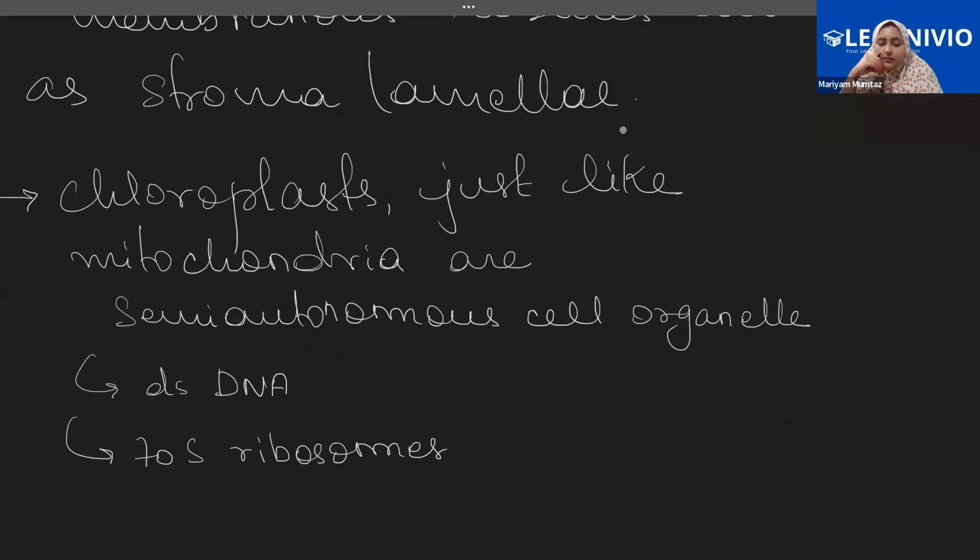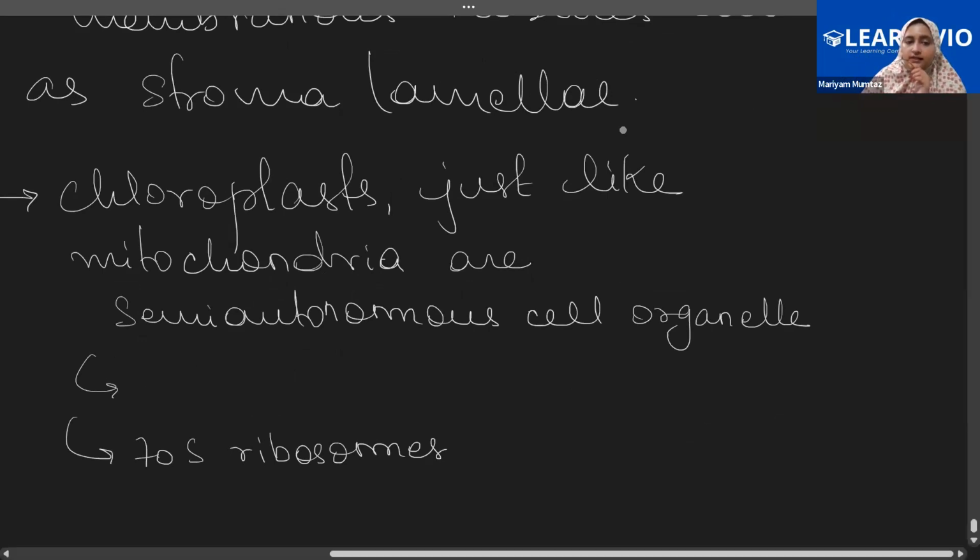One ribosome is made up of how many subunits, students? Two subunits. What are the subunits?